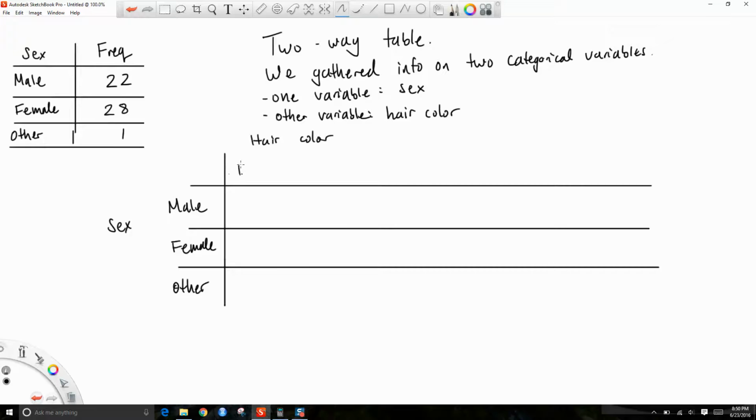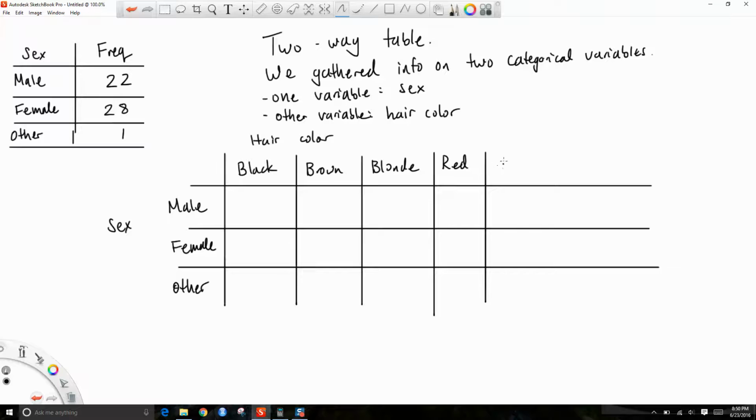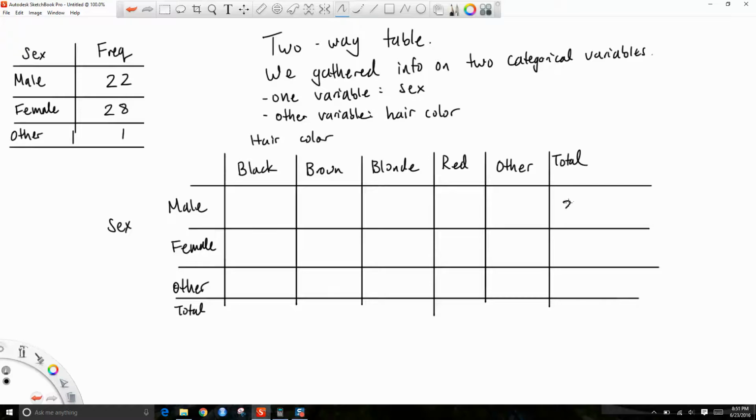So we'll say we have black hair, brown hair, blonde hair, red, and other, or did not answer. And so all we know is that we have a total of 22 males, 28 females, and one person who responded other or did not respond for sex.